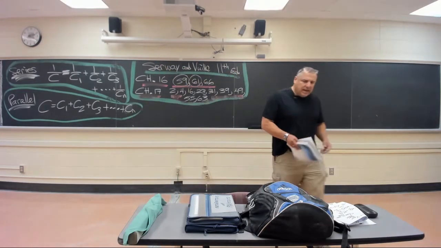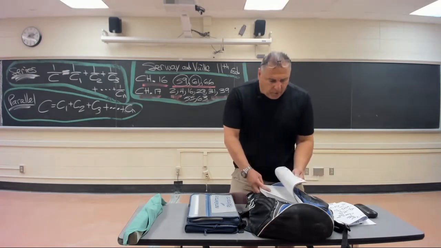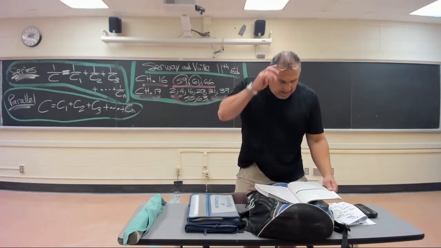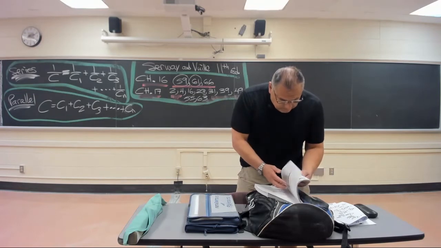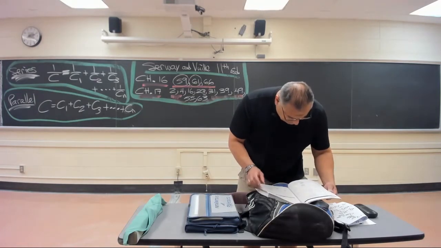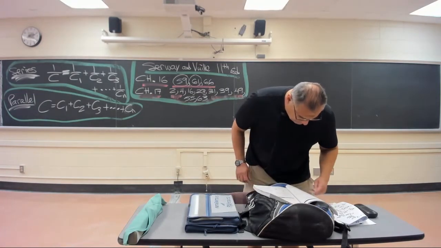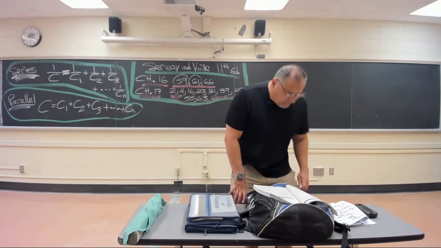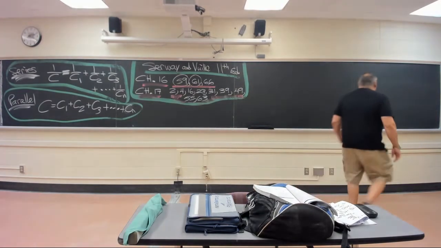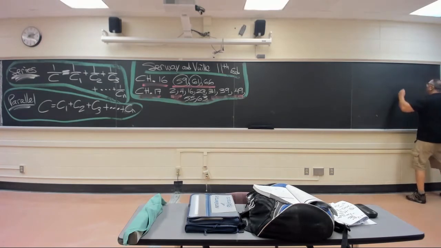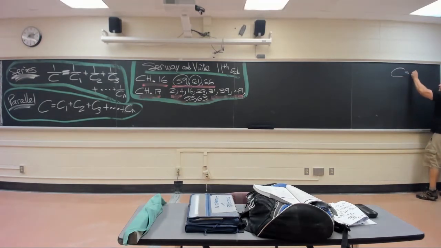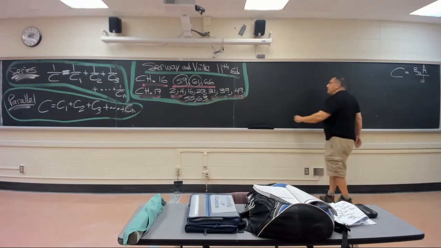As we look at this, we've already derived this, we've looked at it. C equals E naught A over D if you're talking about 2 parallel plate capacitors. What does that mean?